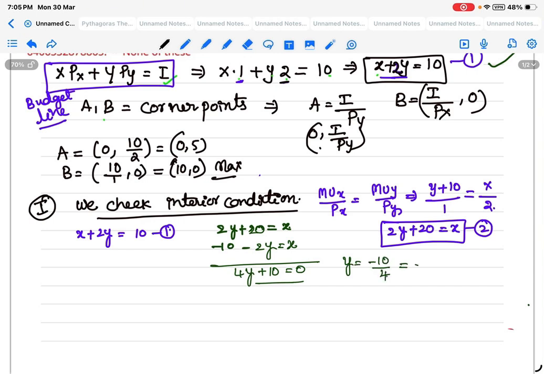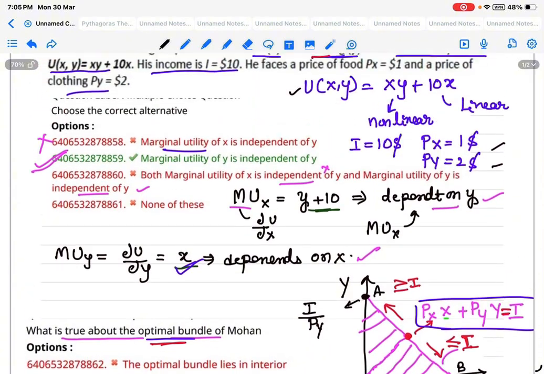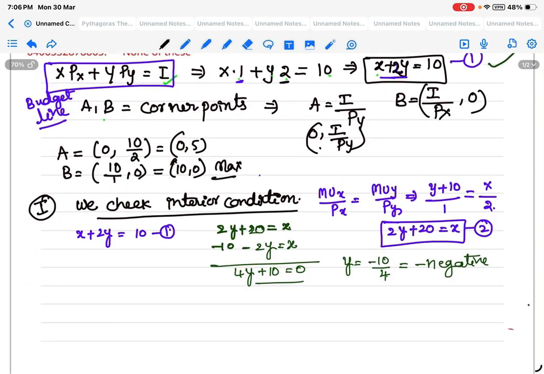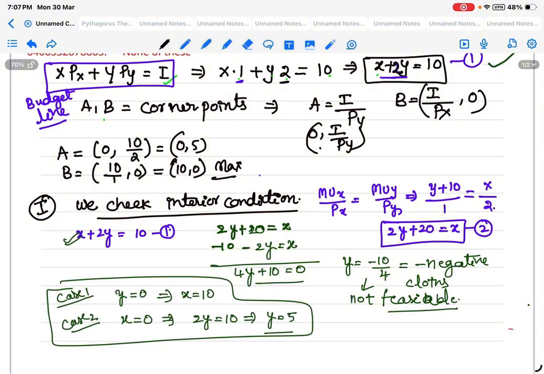It is negative. Negative means consumption of the good y, which is clothing, is not feasible, because y cannot be negative.